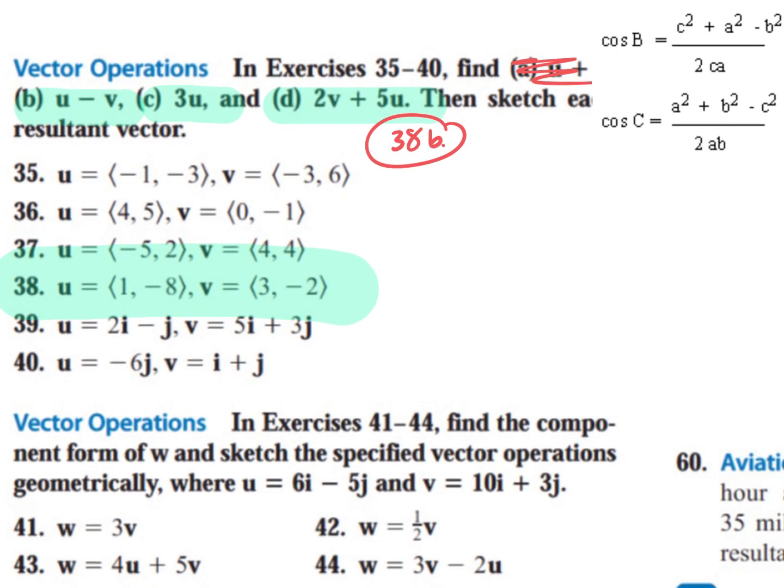So to subtract U minus V, we subtract the first minus the first, second minus the second. So it'll be 1 minus 3, which is -2. And -8 minus 2, so that turns into plus, which would be -6.